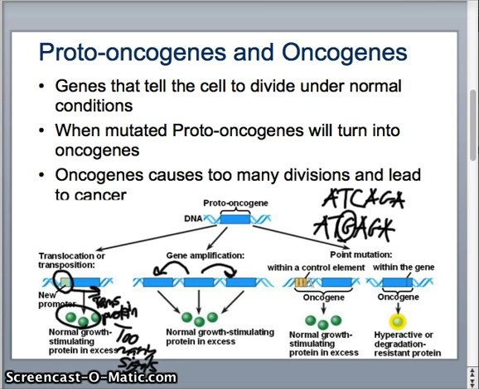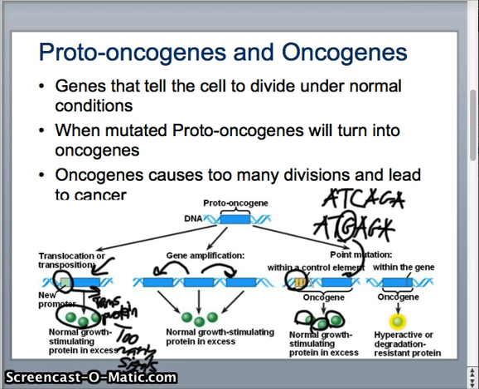This one nucleotide right here changed, and now that causes this promoter here to make this constantly be copied. So we have this being copied too much, so there are too many proteins being made.